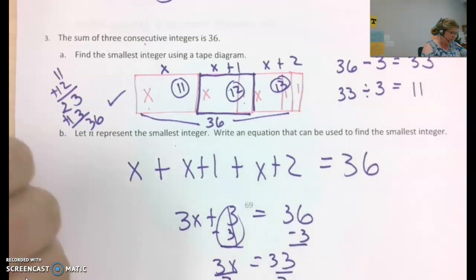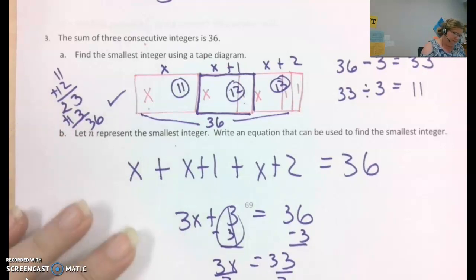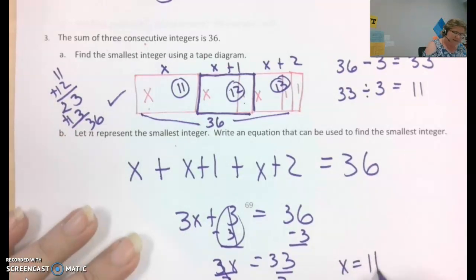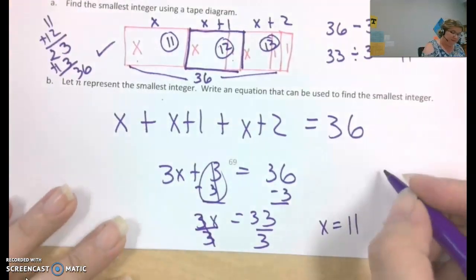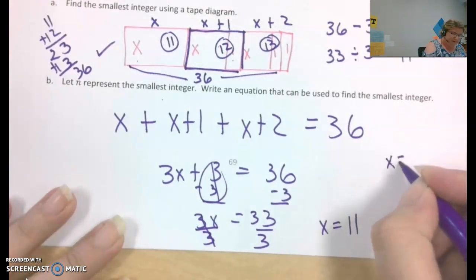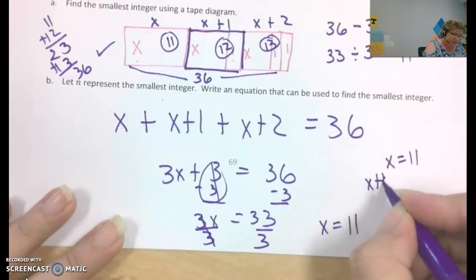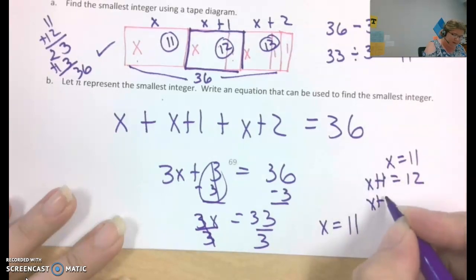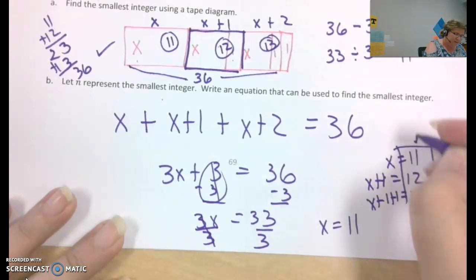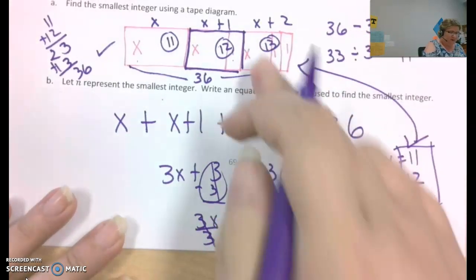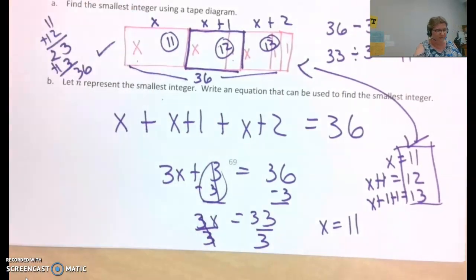Divide by 3 on each side. And we get x is 11. So 11 is x. So x plus 1 is 12. And x plus 1 plus 1 is 13. Same result. The work looks quite a bit different, but it's the same situation.